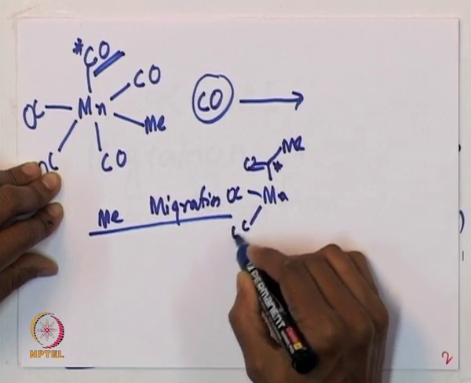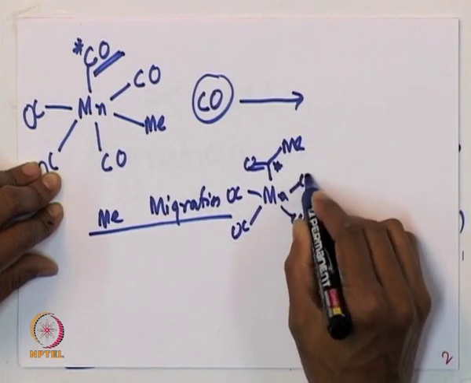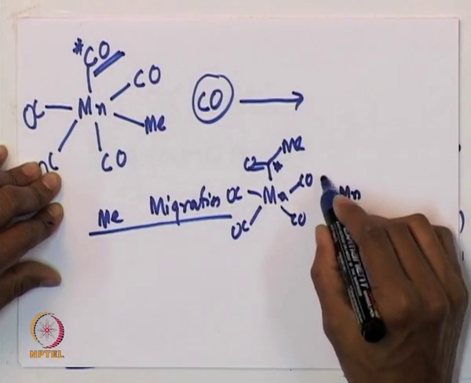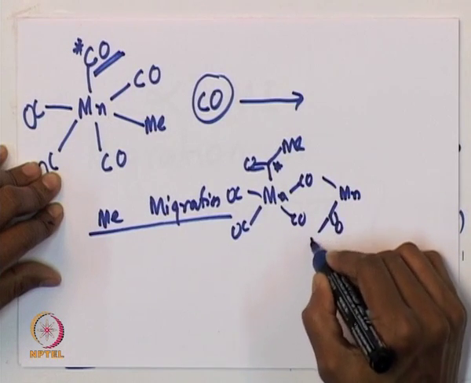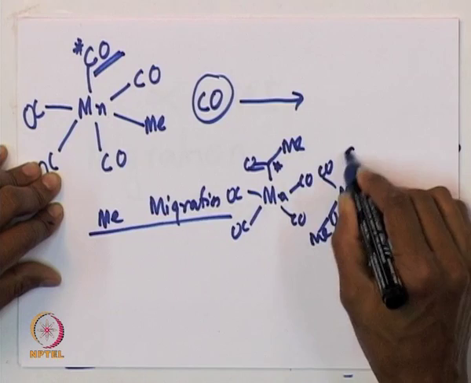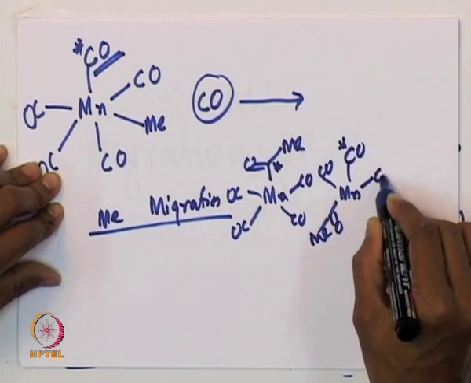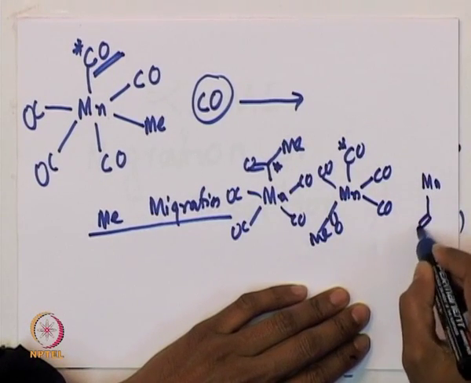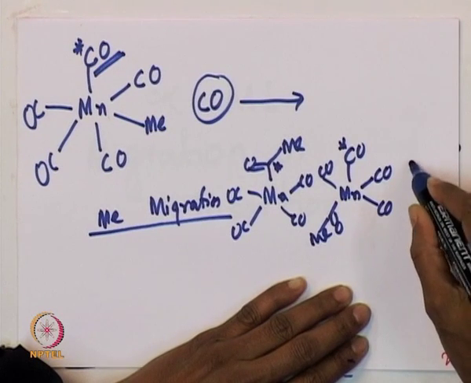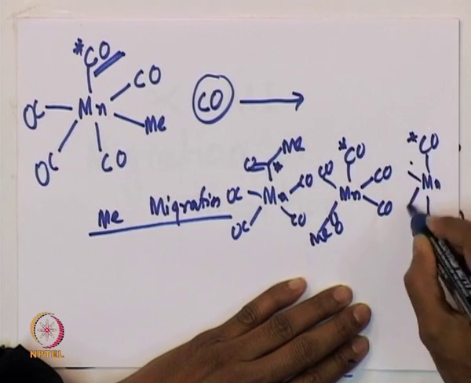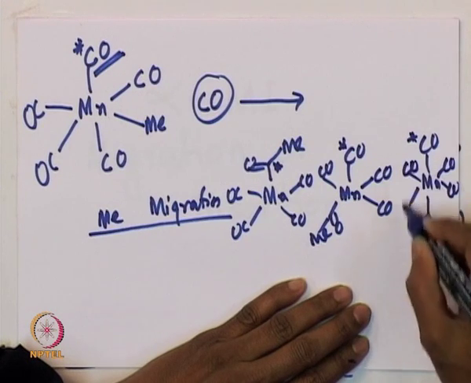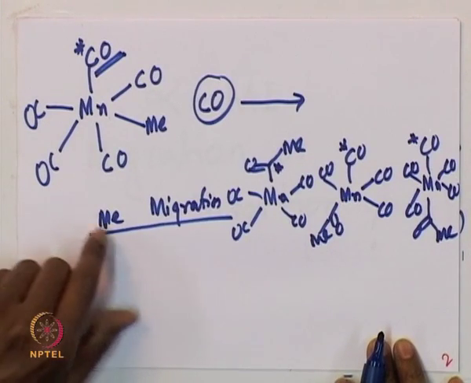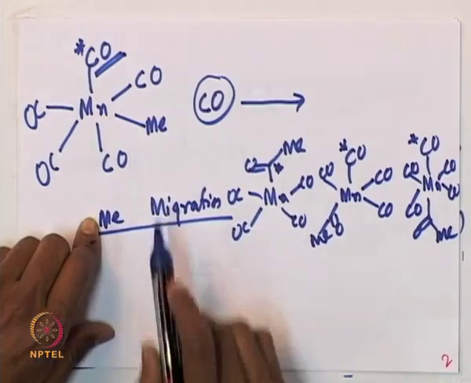Since we are doing the reaction in presence of the CO atmosphere, of course one can understand that it will be 6 coordinated one, right, and you get these products, and of course you can get another product where COMe is in the axial position, CO. So, these are the 3 different products you can expect if methyl is migrating over CO.